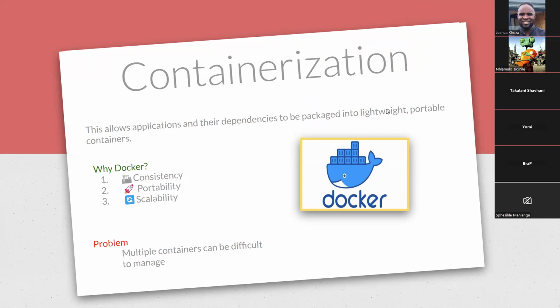As you can see here, this allows applications and their dependencies to be packaged into lightweight, portable containers. I'm sure you have seen that when you build an application on your local machine, maybe in Visual Studio or any other platform, you're able to build it so you can actually run the application. Now this is what we're doing here.